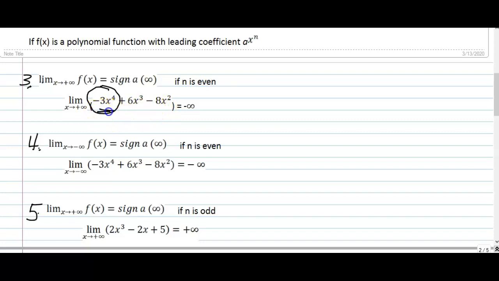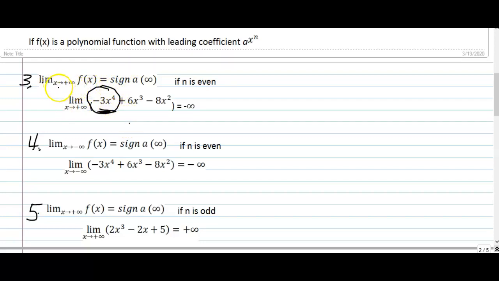So the leading coefficient here is going to dominate the value of that polynomial function. So here we are going to extend the previous rules, where we have taken a look at the limit of x to the n as x approaches either positive or negative infinity to polynomial functions.